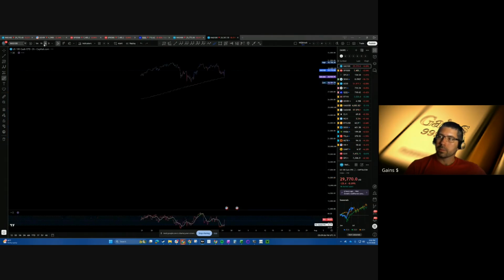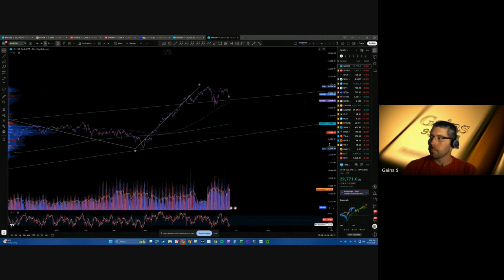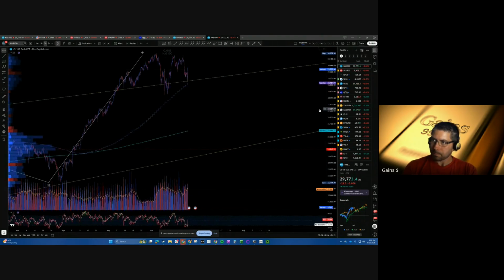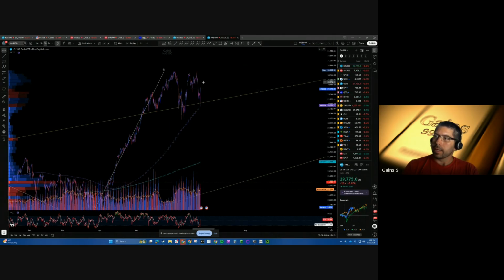Zooming in, what I thought was good to show is what this pattern looks like. Before I was thinking maybe this is a wave 3, but I don't know if the market's quite ready for that yet. We did bounce on this 50-day moving average, the purple line. The turquoise line is the 200-day moving average.